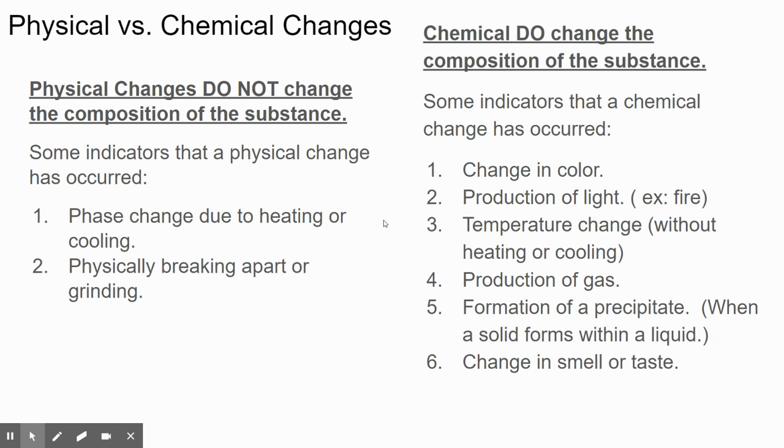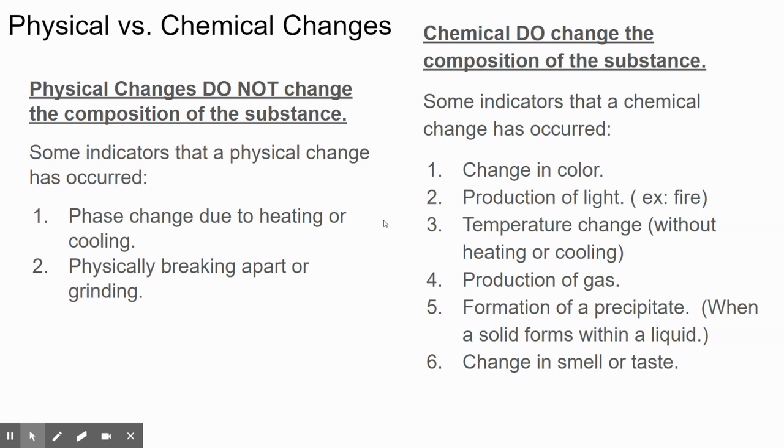Okay. Production of light. So if something catches on fire or explodes, like I don't want to say explodes per se, but something catches on fire or gives off light, that is going to be a chemical change. Now, if you heat something and it starts glowing, like metal, that is not necessarily a chemical change. You're just heating it up till it's like melting.